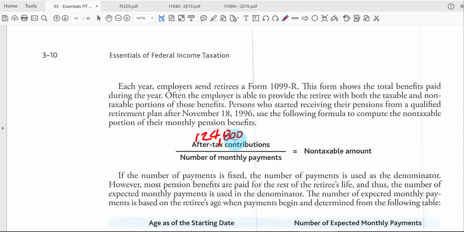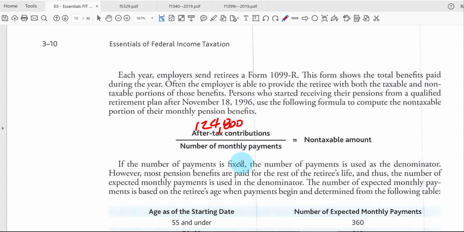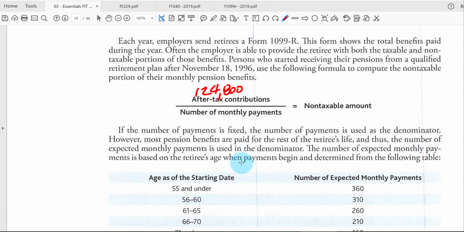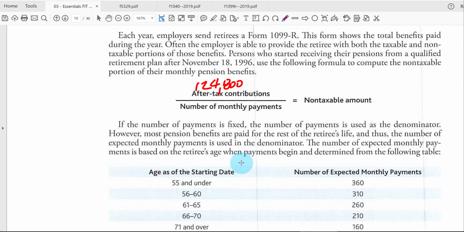And then in the denominator of the fraction, the number of months that he's going to live. So the way we figure that out is to use this table. We call this a simplified method, even though it may not look too simple. On the date he starts collecting the money, we are asked, what is his age? And we're told he was 65. So we go across, and here is his life expectancy in terms of months.